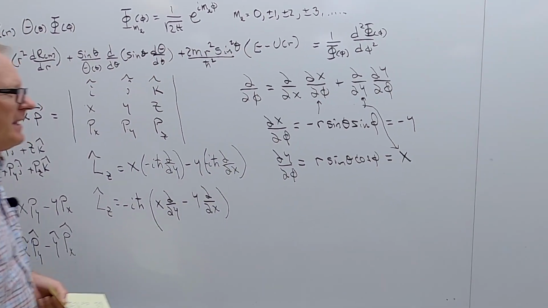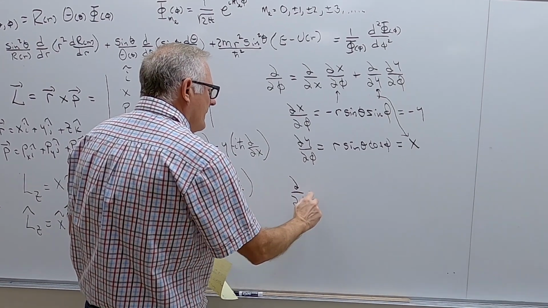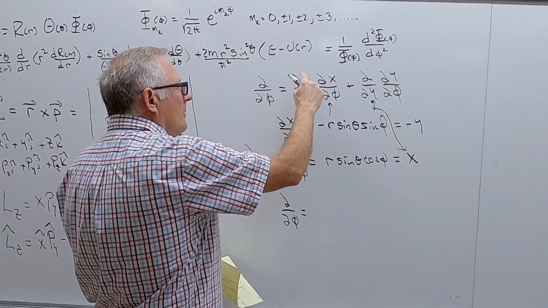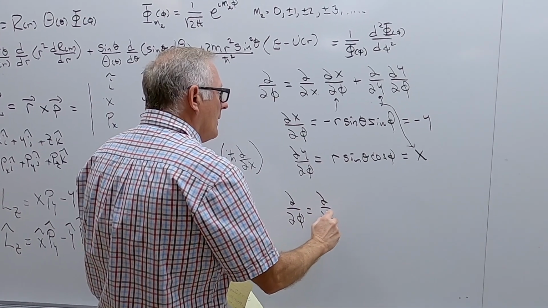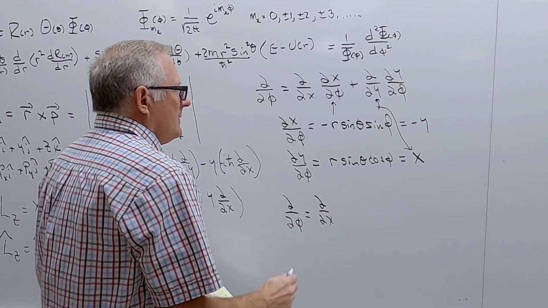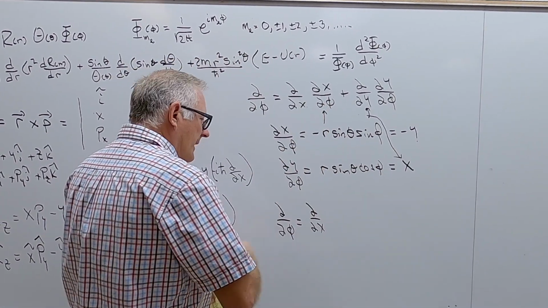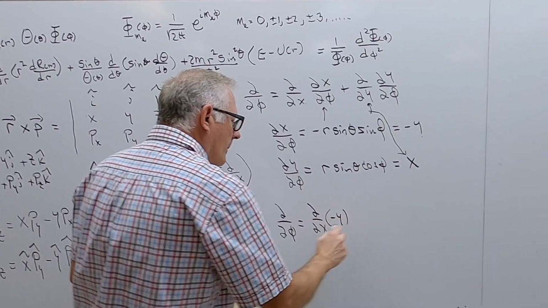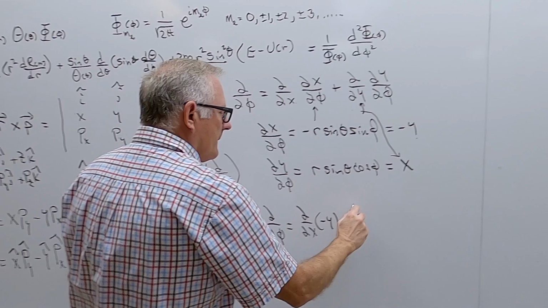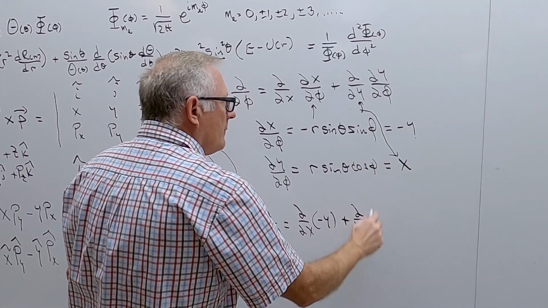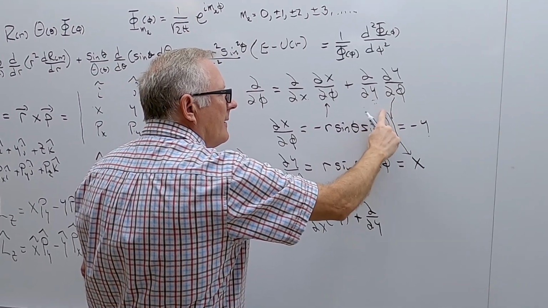So let me just rewrite this again. Partial with respect to phi is equal to partial with respect to x times minus y, because that's what this term is, plus partial with respect to y times x, that was this term right here.